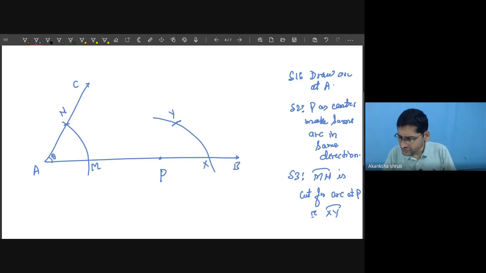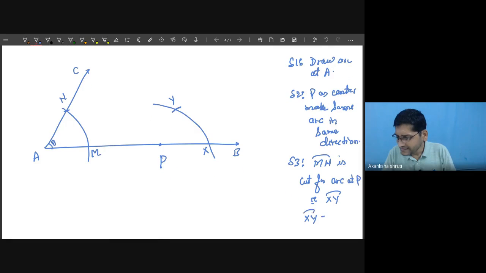So arc XY is exactly the same as arc MN. In this way, whatever the arc length is, the same arc length is drawn here.